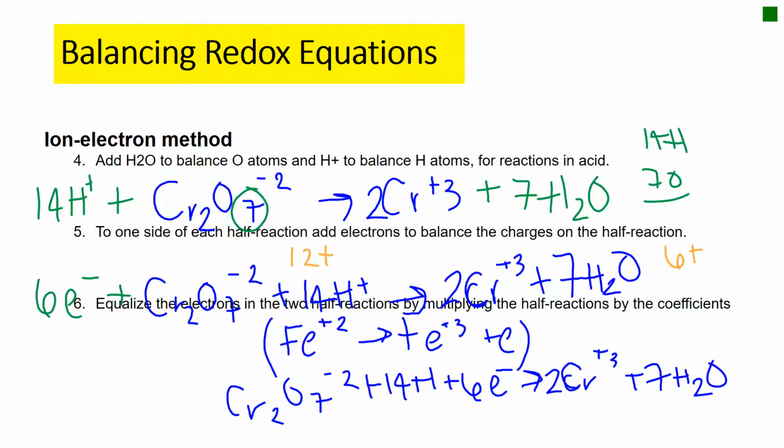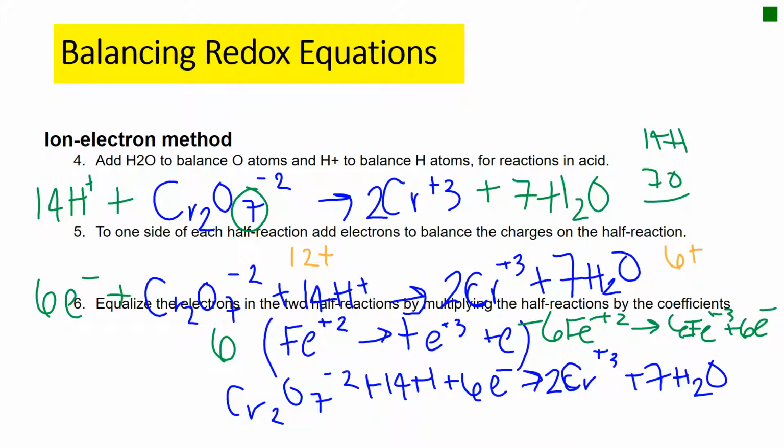So to balance this whole thing out, we're going to multiply our first reaction times 6, so that is going to be equal to 6Fe2+ going to 6Fe3+ plus 6 electrons.